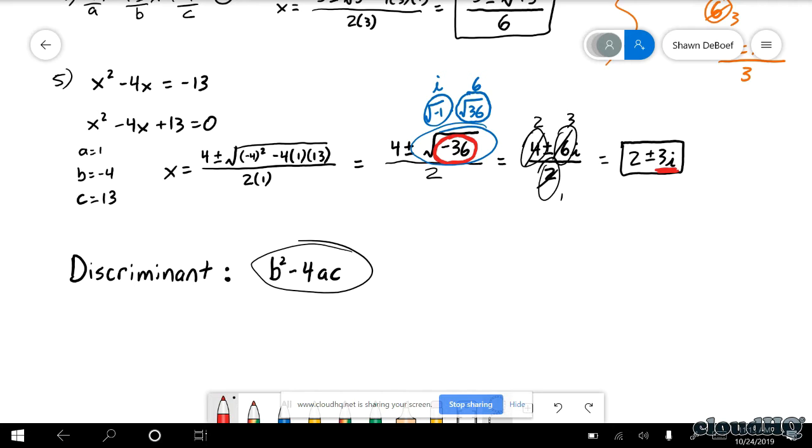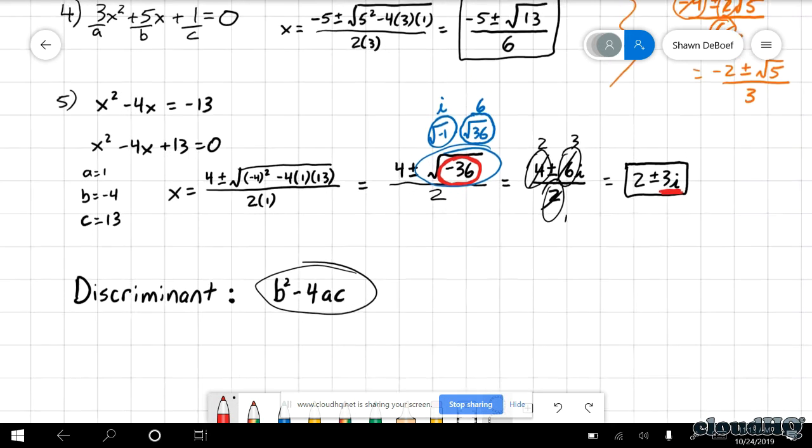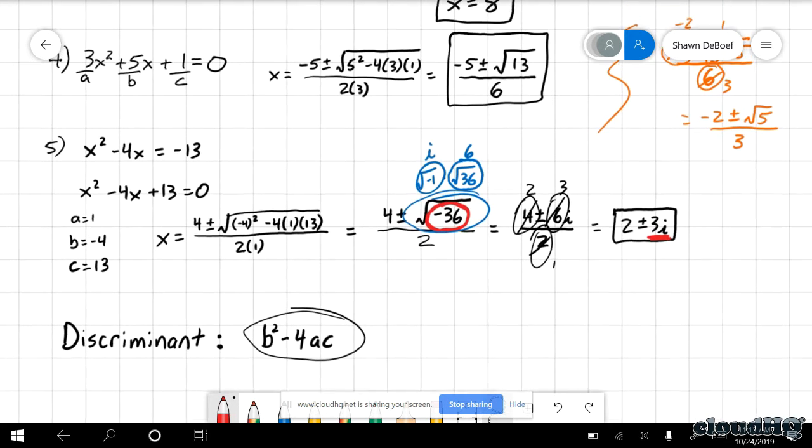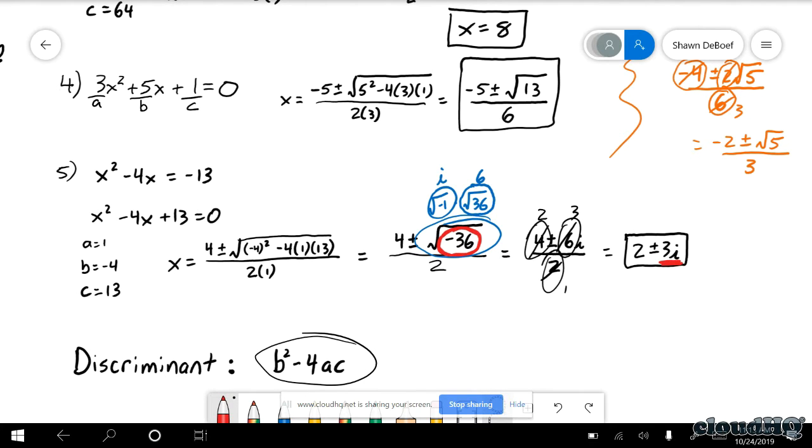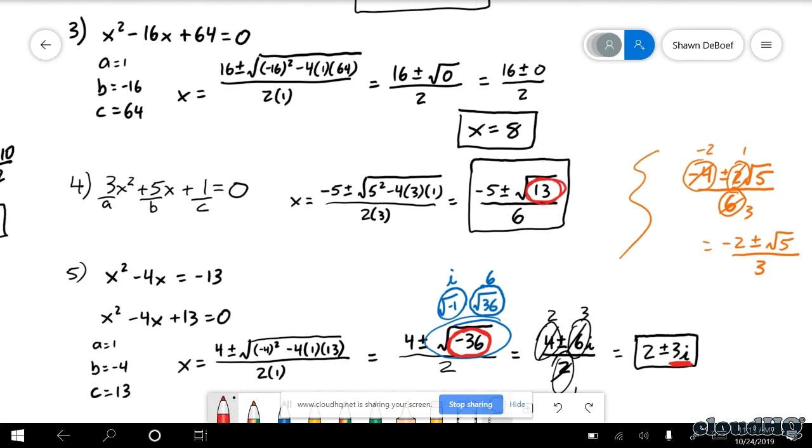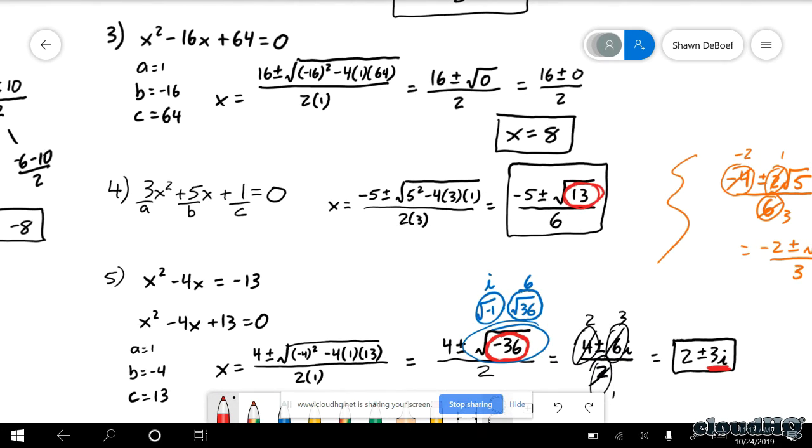Did I have any complex numbers when the discriminant was positive? No. Look at number 4. What was our discriminant there? 13 was our discriminant. It was positive. We did not get complex numbers. They were real numbers. But our answers were, in that case, irrational, while sometimes we get rational answers.